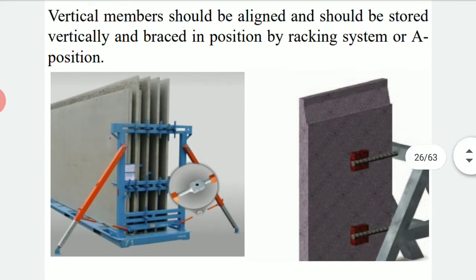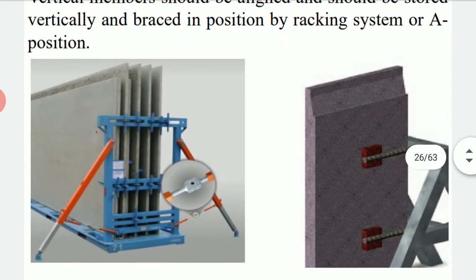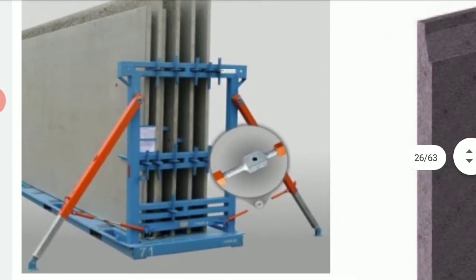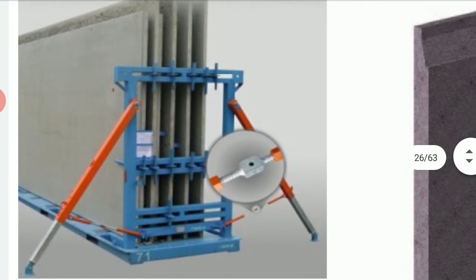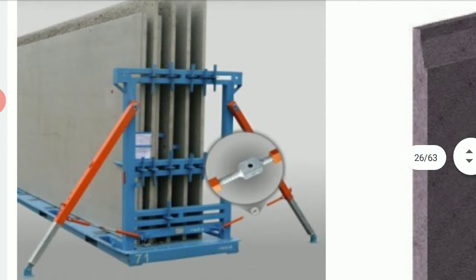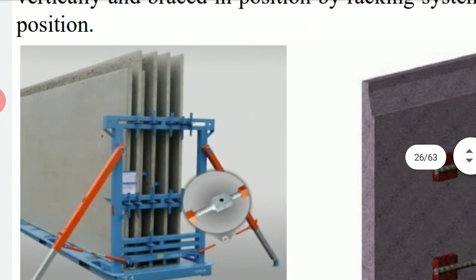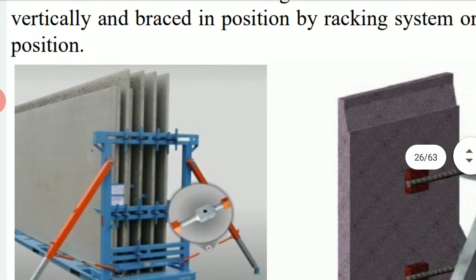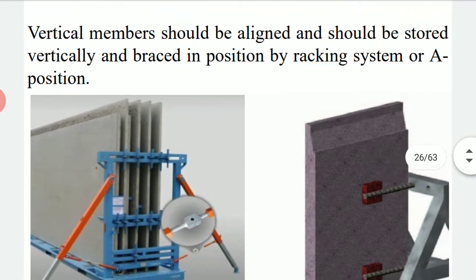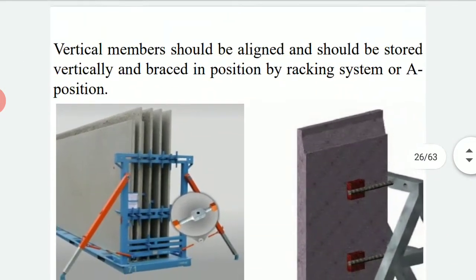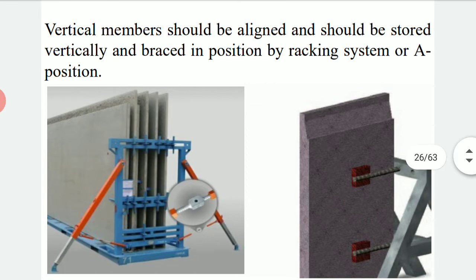So we need to maintain the additional racking system. Here you can see the racks have been provided inclined from the ground level, so they can withstand and support that particular rack, such that because of the excess load from the members, it should not collapse, right? So these are the additional supports which are provided in position.